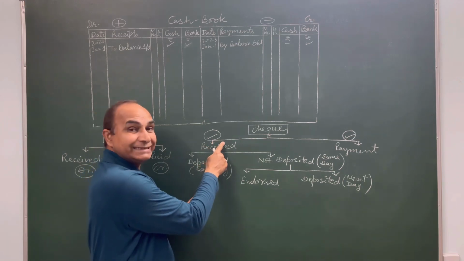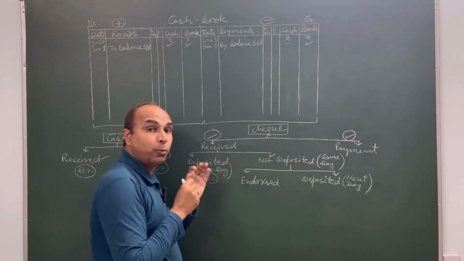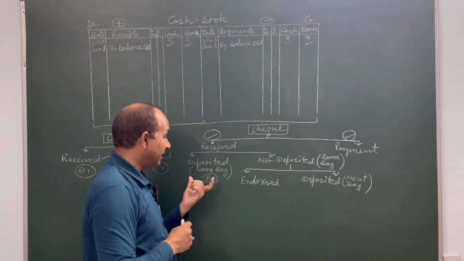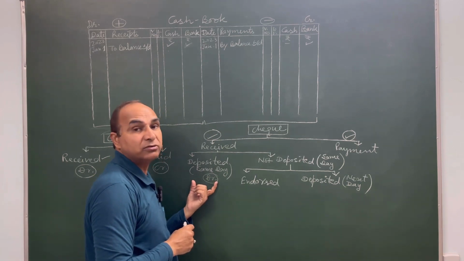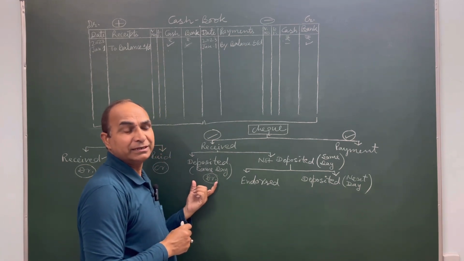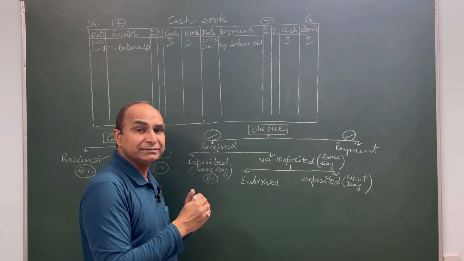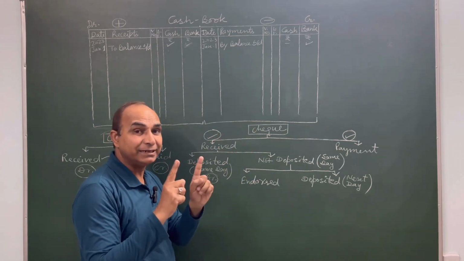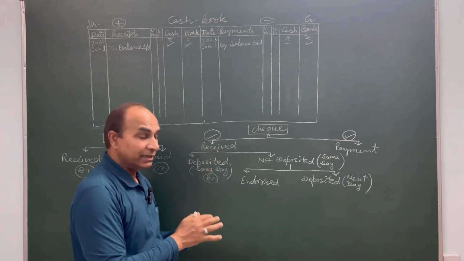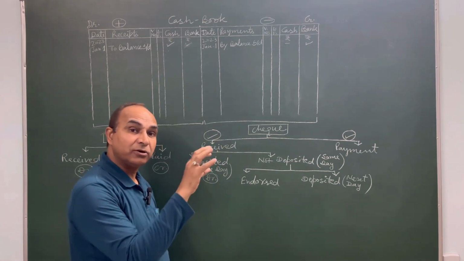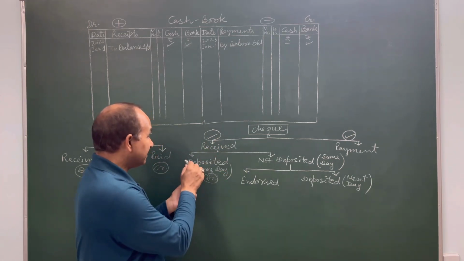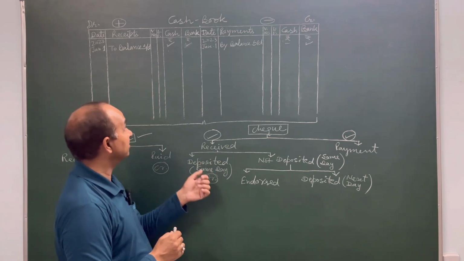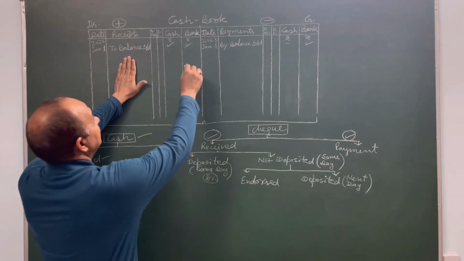The first situation: a check is received and deposited into the bank on the same day. Its result is an increased bank balance, and that is recorded on the debit side in the bank column.